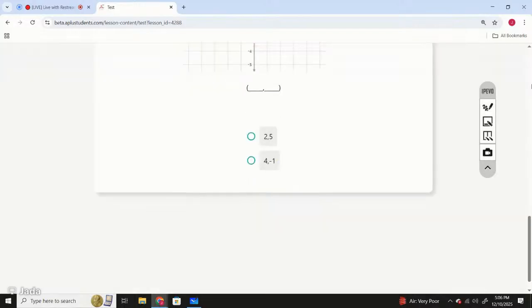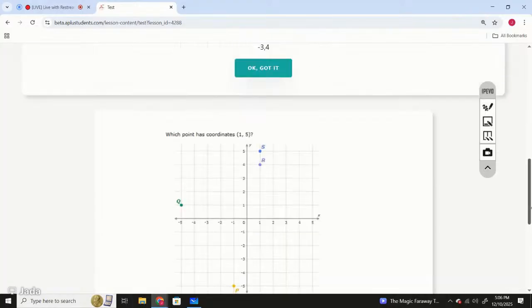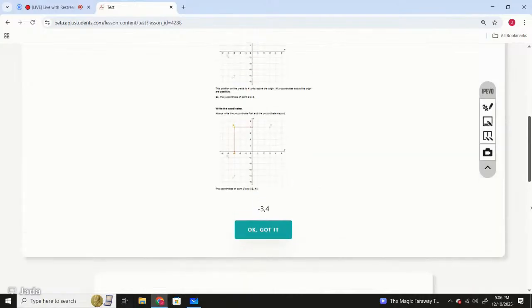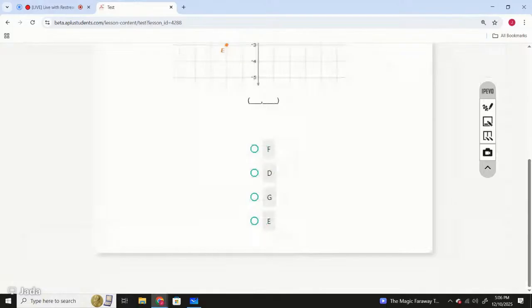So that is 4 and -1. Option number, oh, I don't know what's wrong with the question. Oh, I selected the wrong option. That is -3 and 4, right? Option number, okay.